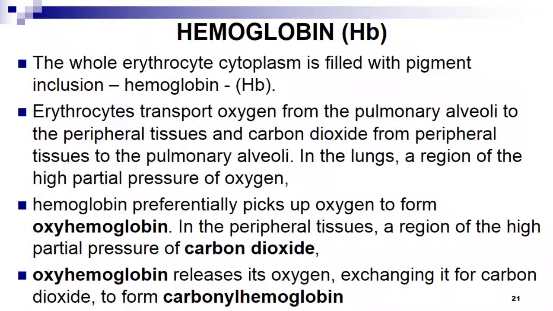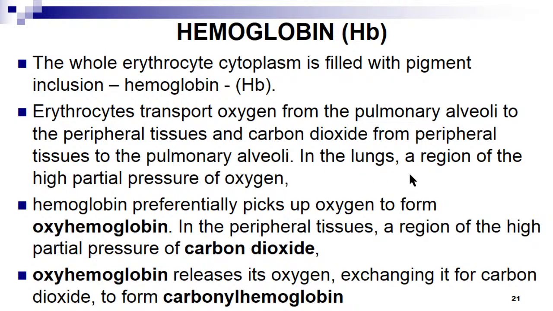What about hemoglobin? The erythrocyte is like a container of hemoglobin. The erythrocyte cytoplasm is filled with the pigment inclusion hemoglobin. Erythrocytes transport oxygen from the pulmonary alveoli to the peripheral tissue and carbon dioxide from peripheral tissue to the pulmonary alveoli.